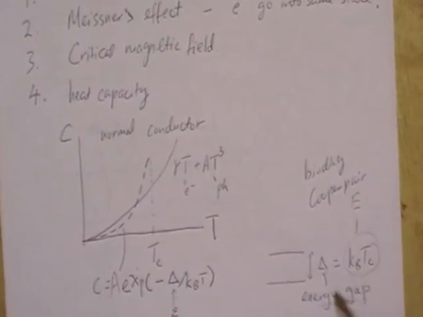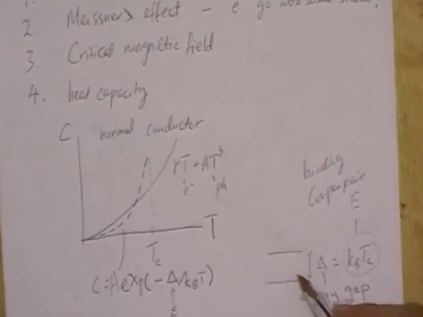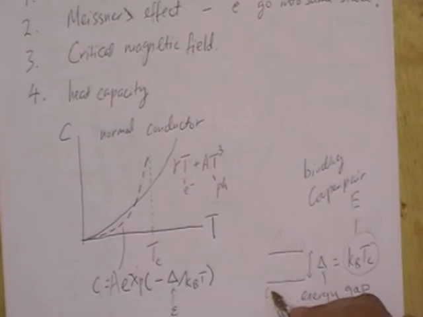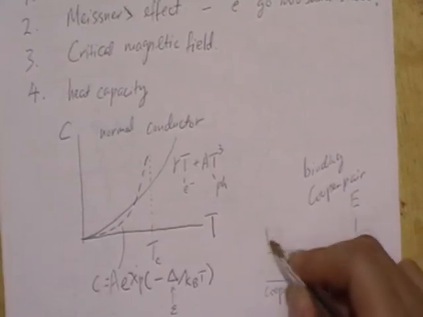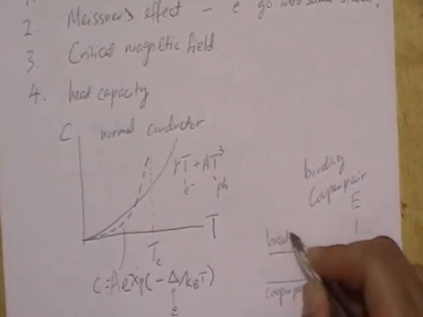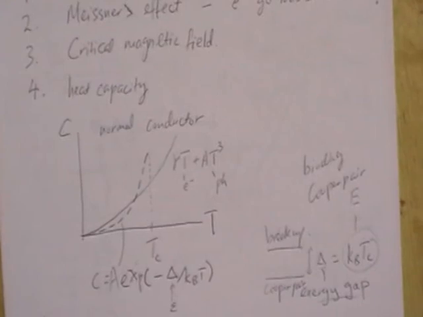So now we have an explanation for delta. The lower level would be the Cooper pair, and the higher level would be when they break up. So there we are, we have just explained the energy gap.